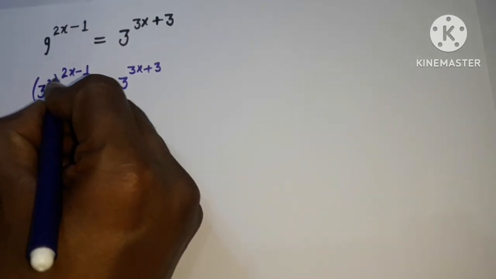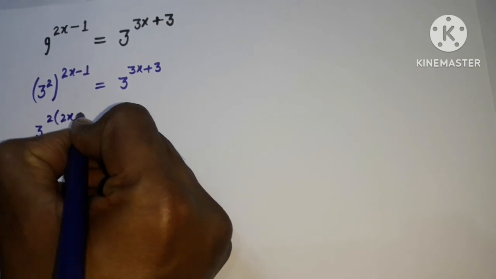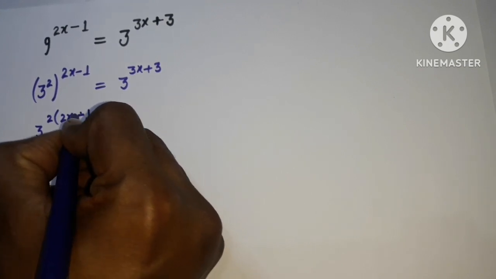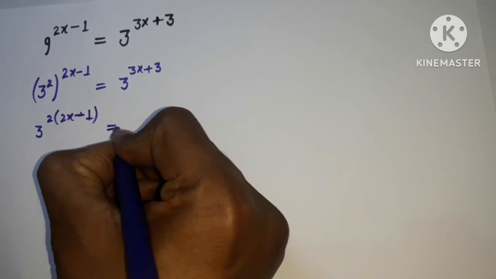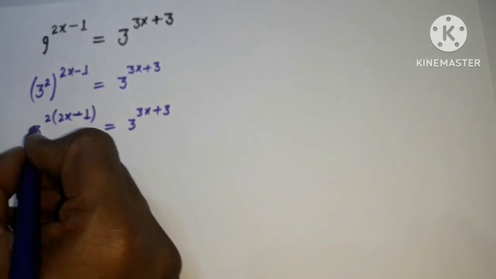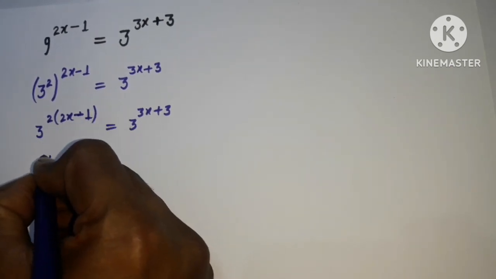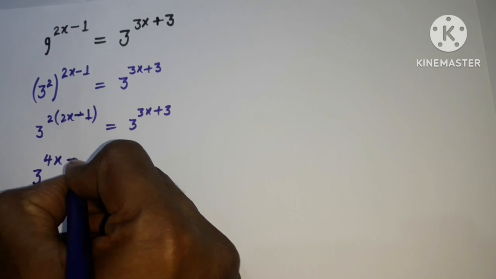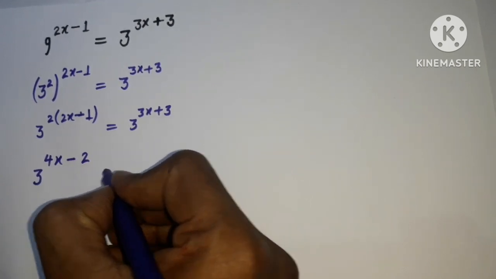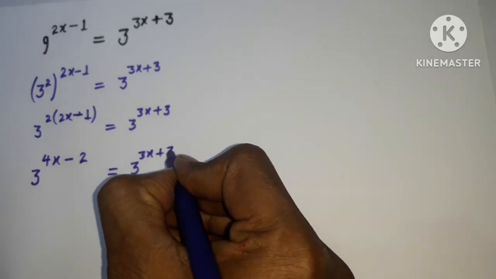So 2 is going to multiply with 2x minus 1, and here 3 to the power 3x plus 3, and it gives 3 to the power 4x minus 2 here, and here 3 to the power 3x plus 3.